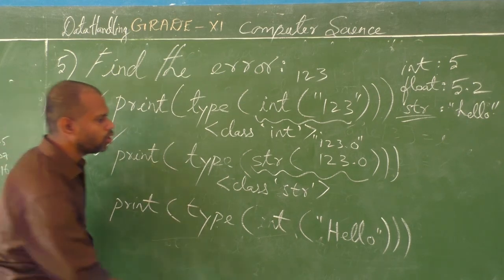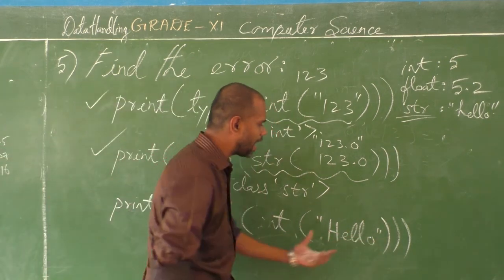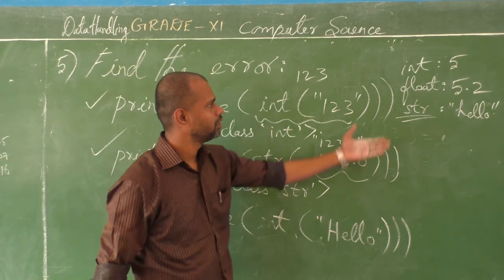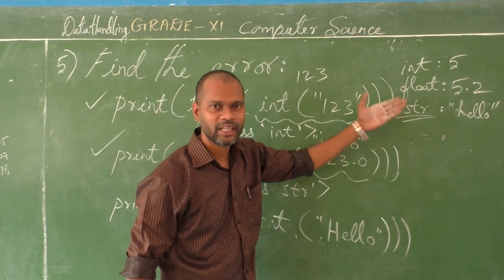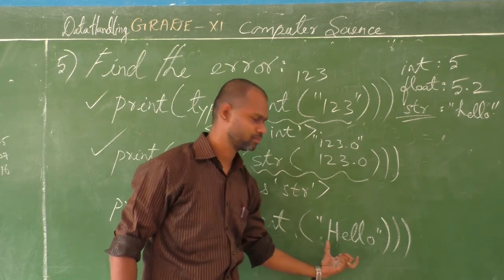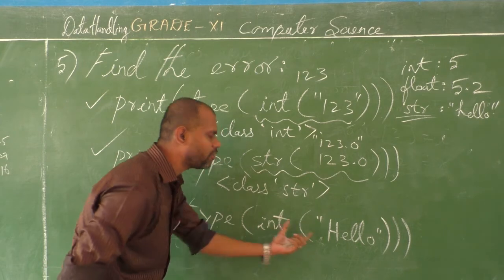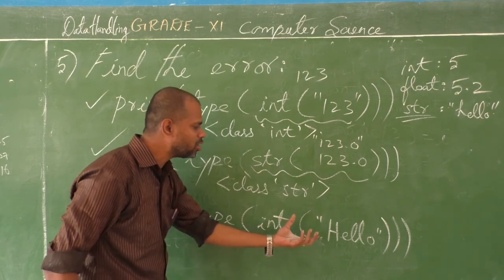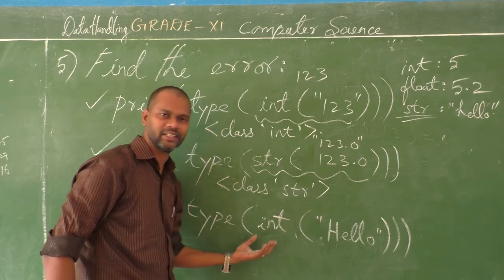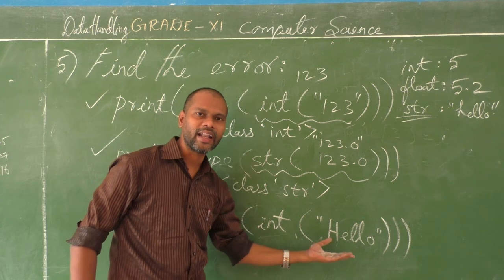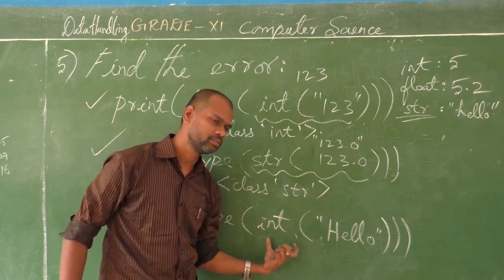Okay. So hello. Hello is an integer or float or string? Yes, hello is a string. Now int of hello means how can you convert this hello to int? Can hello be made a number?